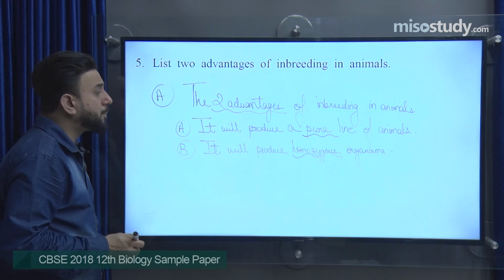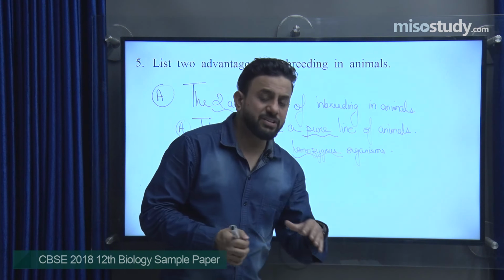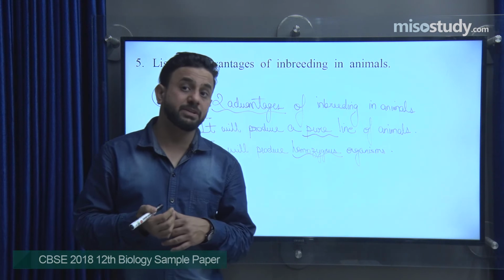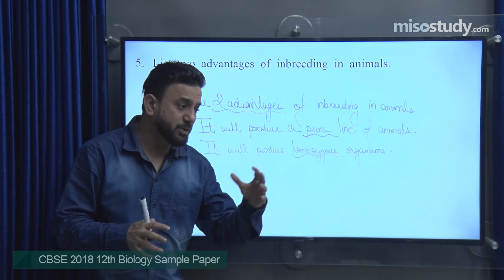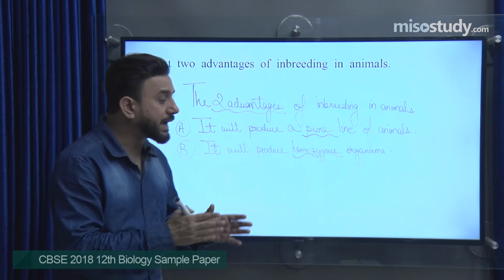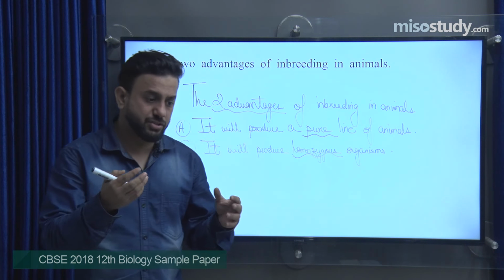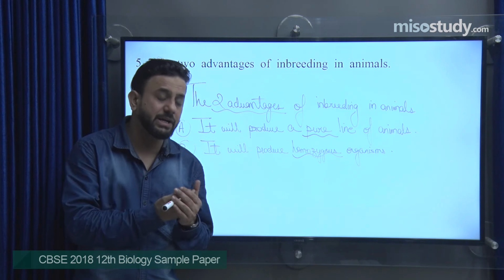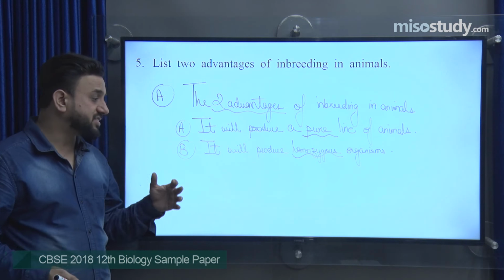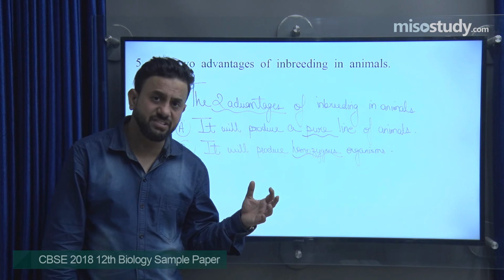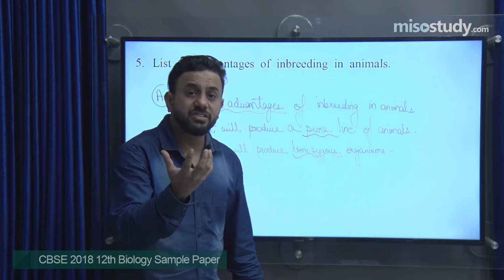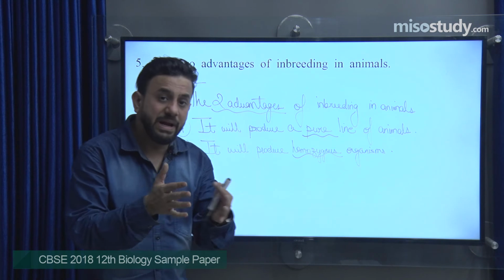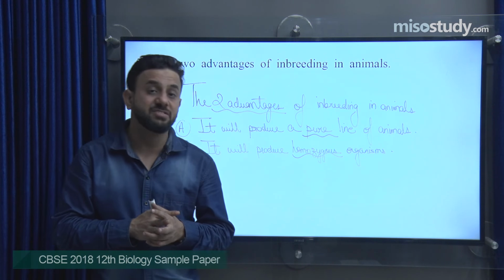Now, what do you mean by pure line? For example, we all love basmati rice, right? If I want more basmati rice, I'll take a strain of basmati rice and breed it with the same strain.